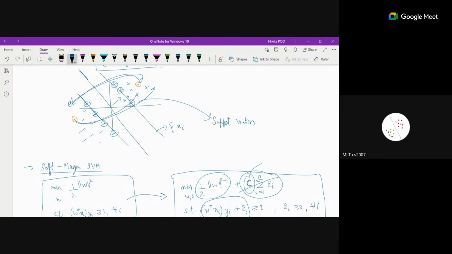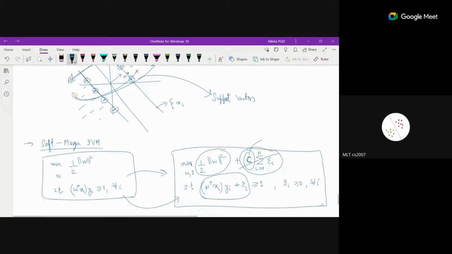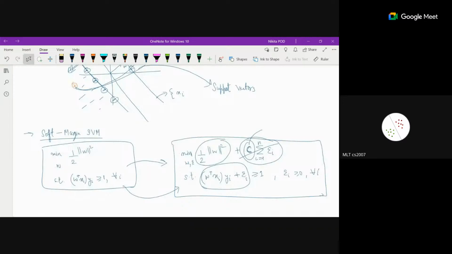In that way, any data point can pay some unit amount and go to the right side. This is not what we want. You cannot just go paying some amount to the right side. You should be penalized for doing it.